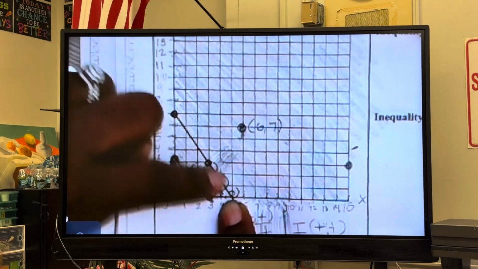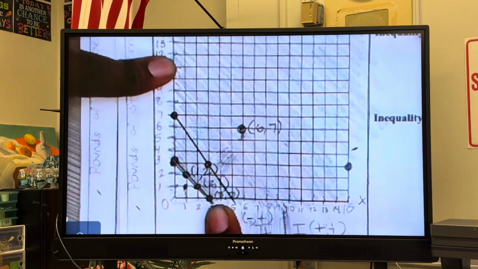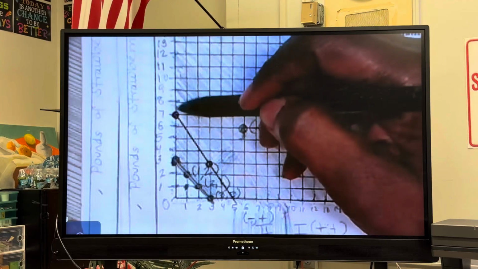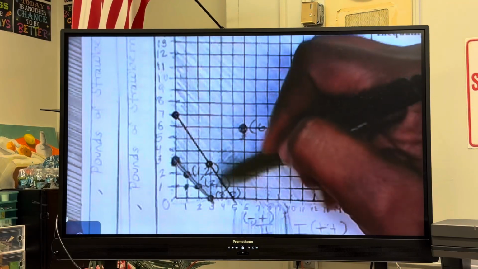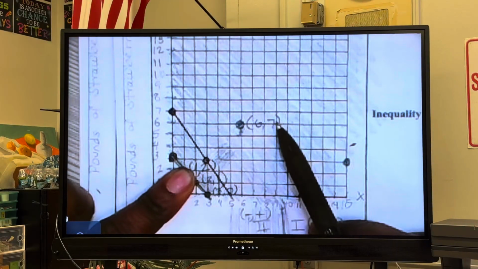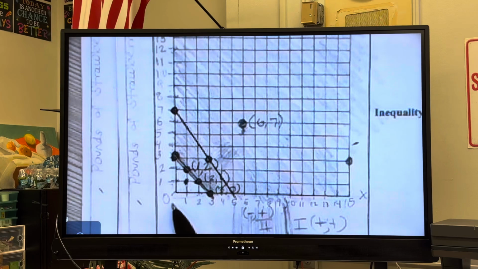So everything on this line gonna come out to be how much money? $21. Why? Because that's the criteria. Are y'all with me? Everything on this line gonna end up costing us what? $21. Anything above that line is gonna cost us more than 21. Anything below that line is gonna cost us less than 21.